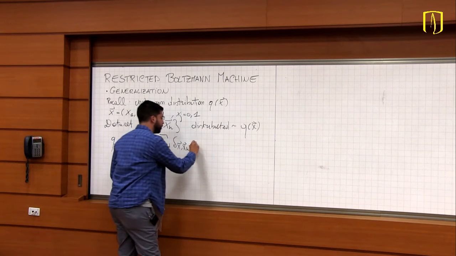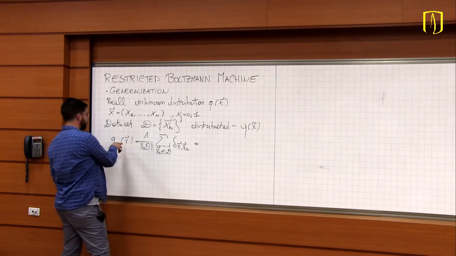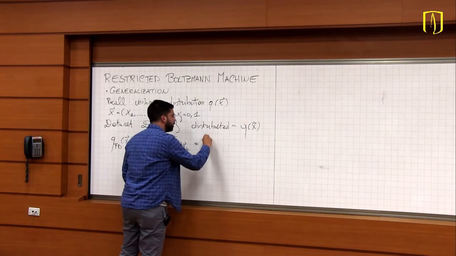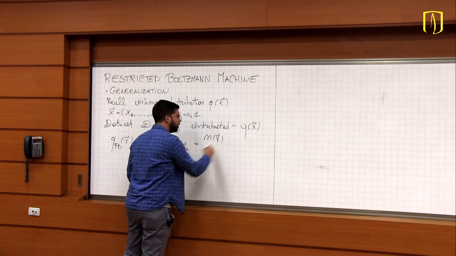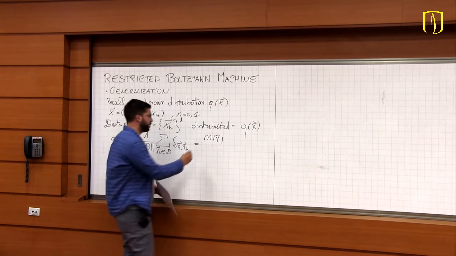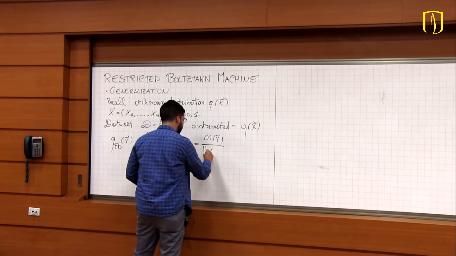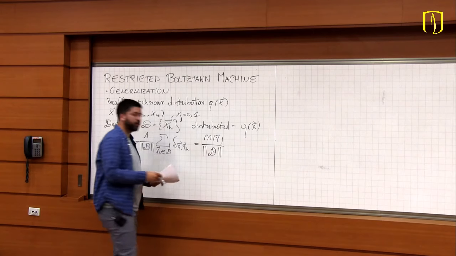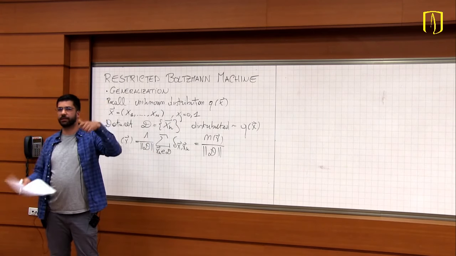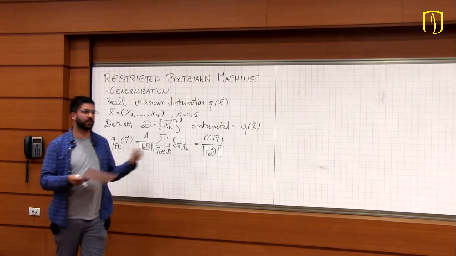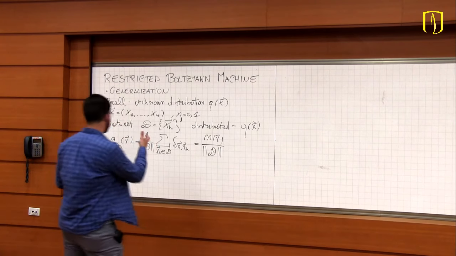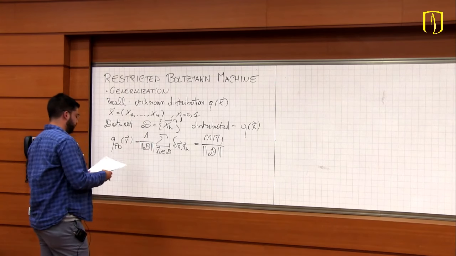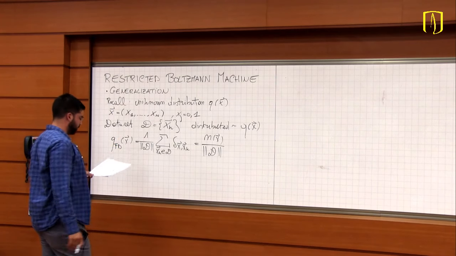The probability of observing X is just the number of times that the X state appears in the data set divided by the size. And this you can always do: you have some data, you count how many times you've seen a specific sample, and you build a histogram.